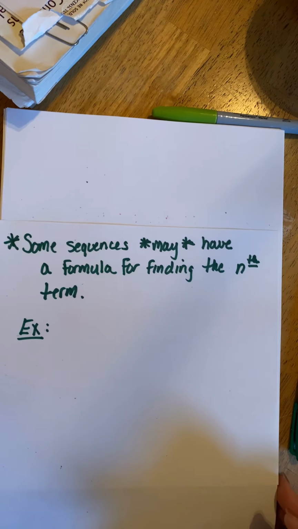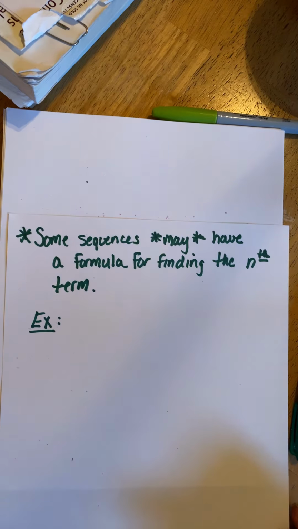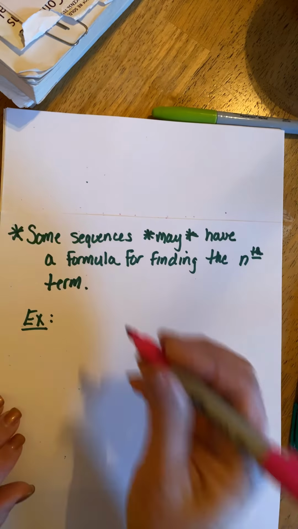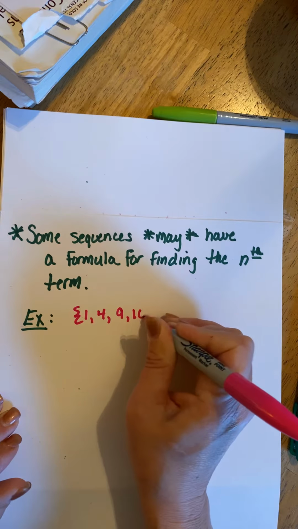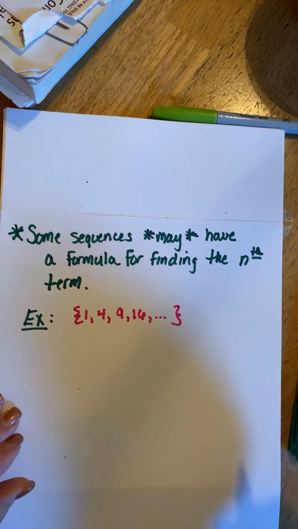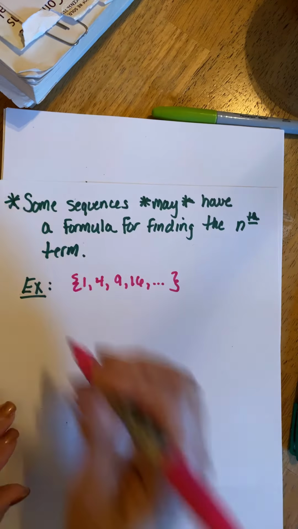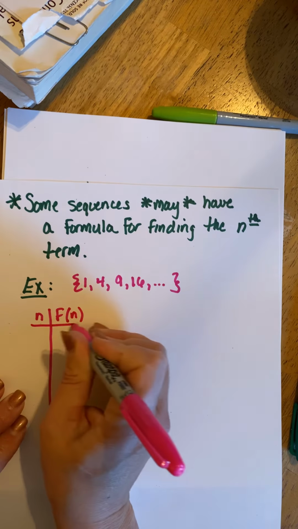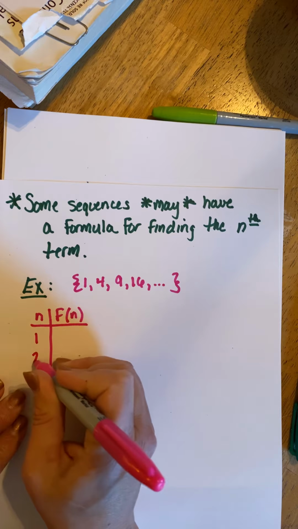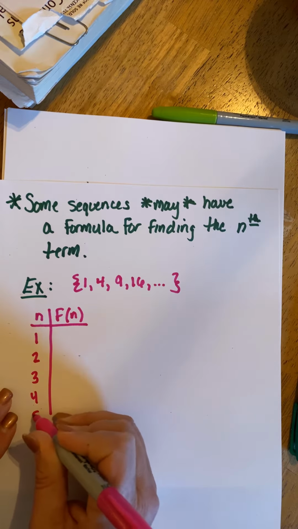All right, so some sequences may have a formula for finding the nth term. So let's look at the example we just did: 1, 4, 9, 16. So what we typically do is we can make a table of values. My inputs are going to be the set of integers, so 1, 2, 3, 4, 5, and so forth.